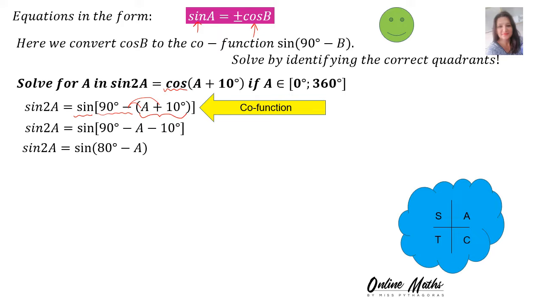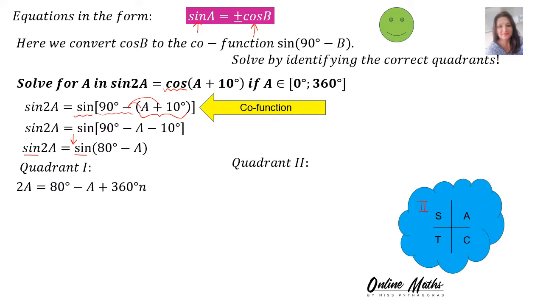And now you're back at number 1, where there is a sin and there is a sin. So then you decide in the first quadrant. Why the first quadrant? Because sin is positive. And also in the second quadrant, because sin is also positive in the second quadrant.